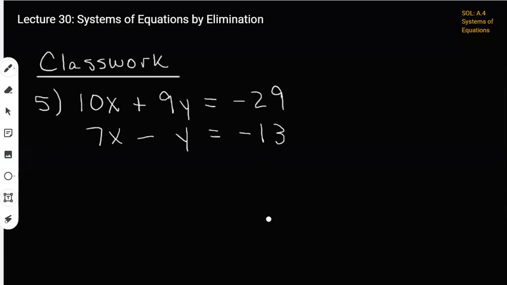So what I want to do for this system is take the top equation and the bottom equation and somehow add them up or subtract them to get 0x or 0y.